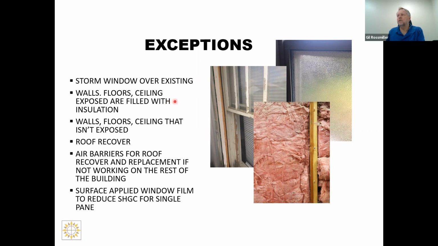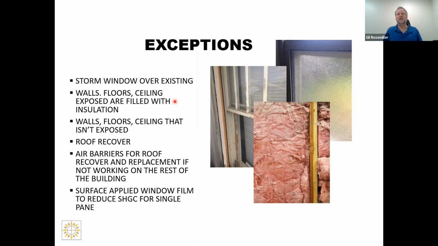So here's the piece we talked about a little bit earlier. Walls, floors, ceilings exposed that are filled with insulation. It says that if I expose it and it's filled with insulation, we're good to go. But if I take that sheetrock off, like the young man was asking earlier, and there's no insulation in it, now what do we do?